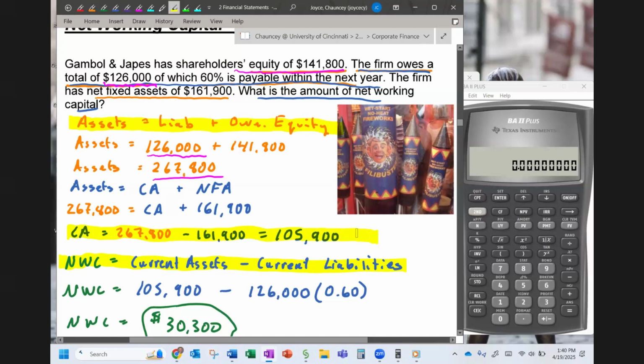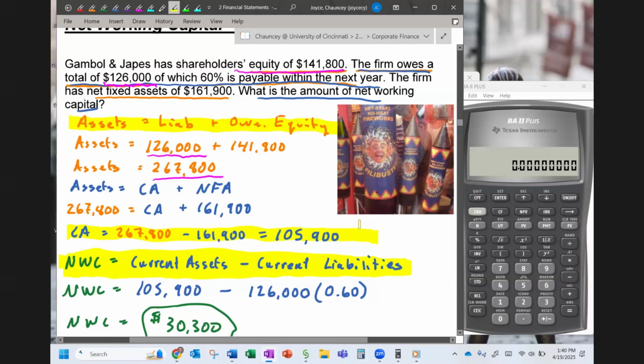So we're still looking for net working capital. We're almost there. Our net working capital is going to equal our current assets less our current liabilities. We solved for our current assets already. We have 105,900 of those. Less our current liabilities, which we have to calculate: the firm owes a total of 126,000, of which 60% is payable within the next year.